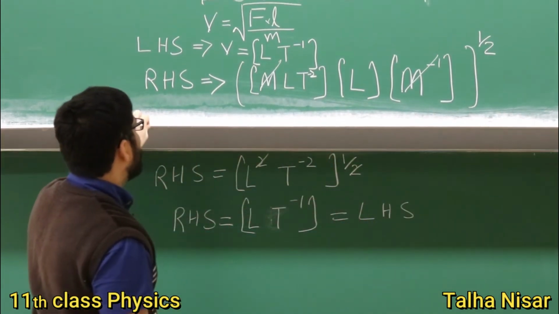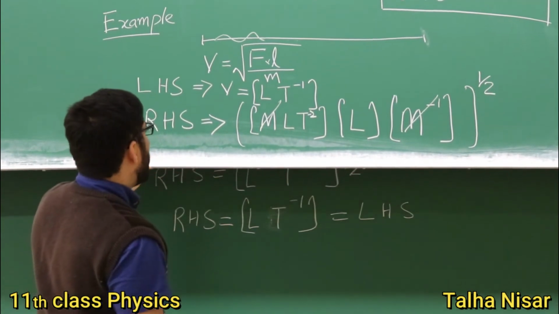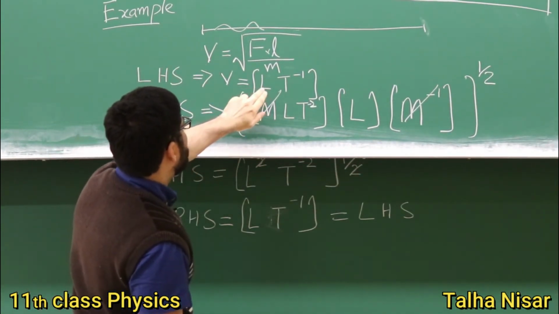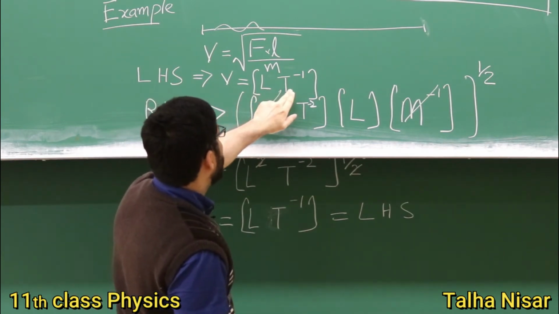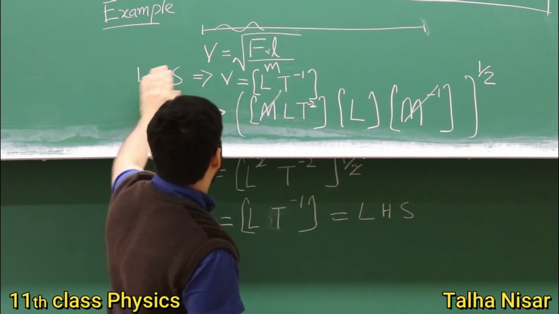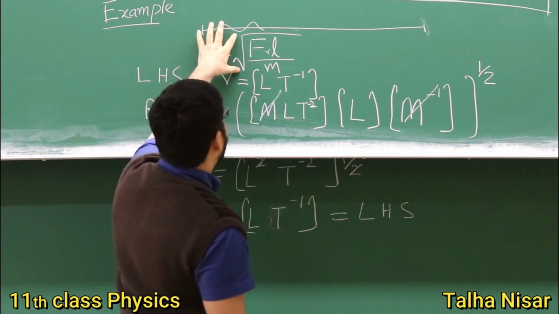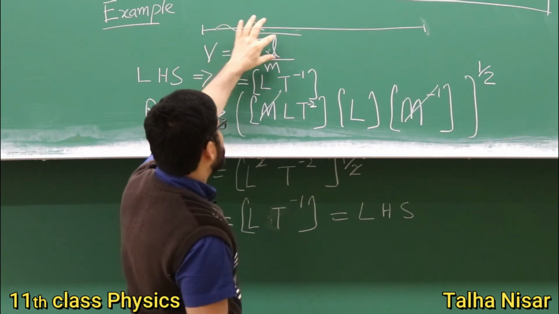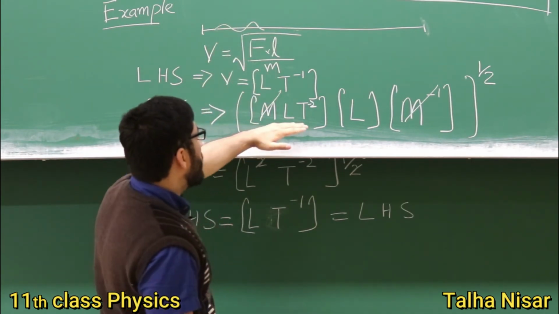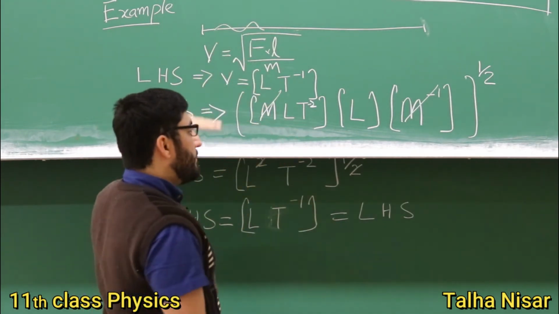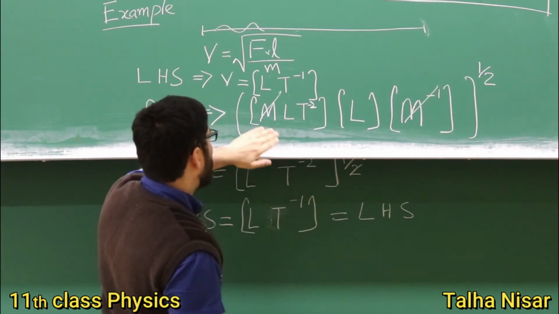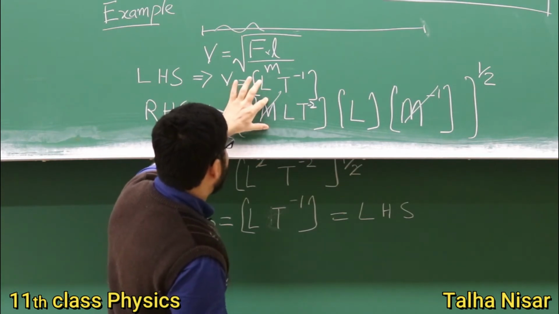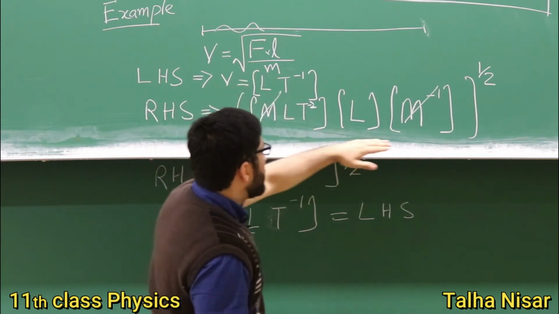What we see here from the dimensional analysis, the left hand side was the velocity, which is the length per unit time. Now we take the right hand side, the force, the length, and the mass, and write them in terms of the basic physical quantities, which are mass, length, and time.